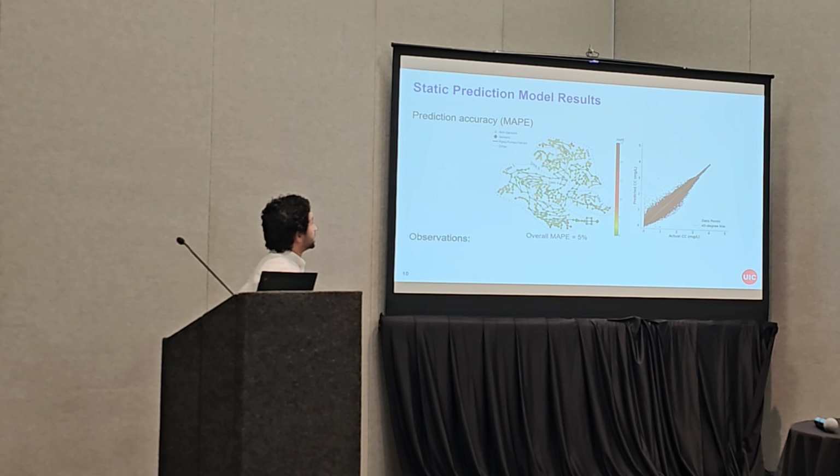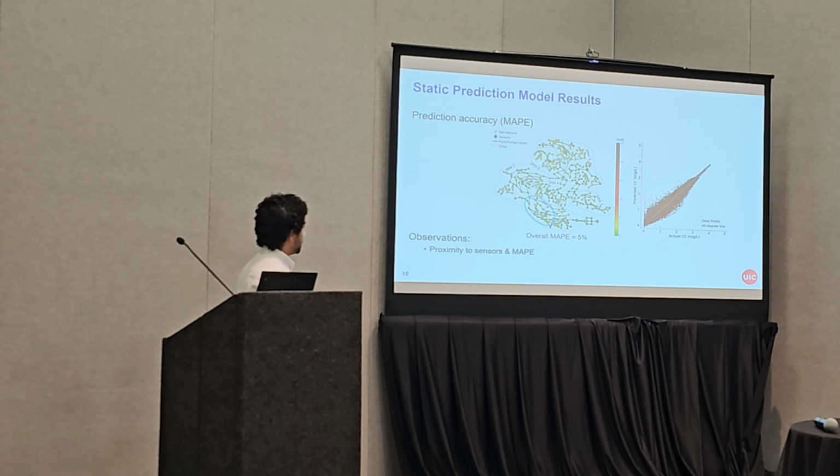So looking at the static prediction model results, on the left side we see a heat map where the green represents low error, and here we are considering the mean absolute percentage error as the error metric, and the red represents high errors. There are 2 main observations we can get from this plot.